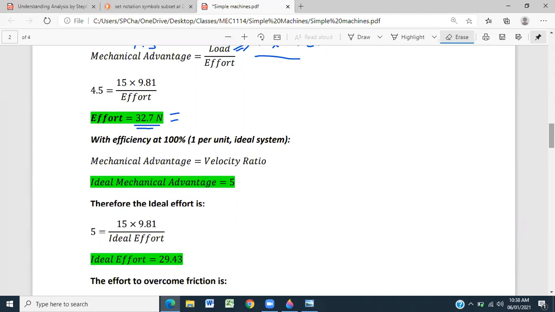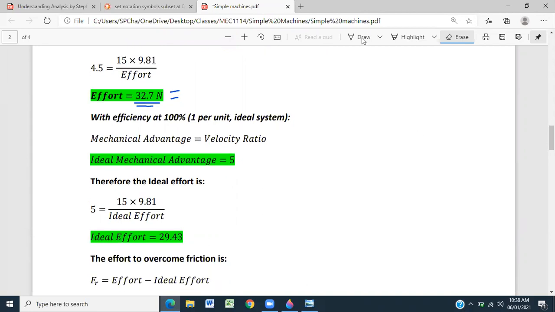So what that translates to is efficiency at 100% or 1 per unit, unity. In electrical engineering, unity is a very popular word to use. So 100% efficiency, the ideal system.